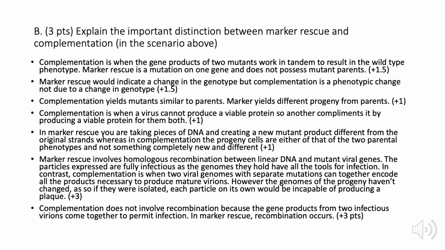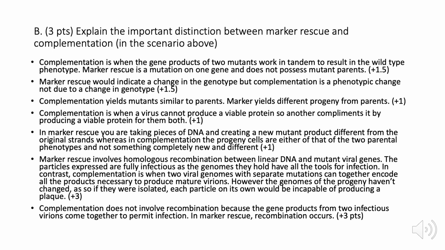Here's the next one. In marker rescue, you are taking pieces of DNA and creating a new mutant product different from the original strands. And that's not true, because marker rescue in the experiment that I described takes a wild type fragment and replaces a mutant gene.